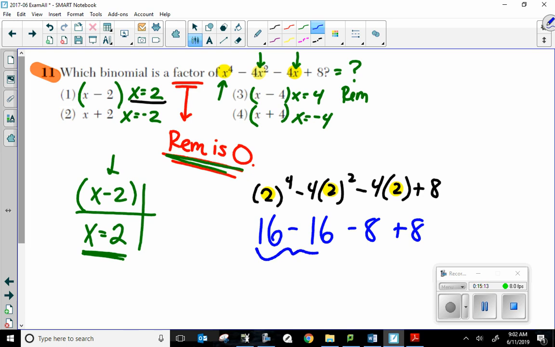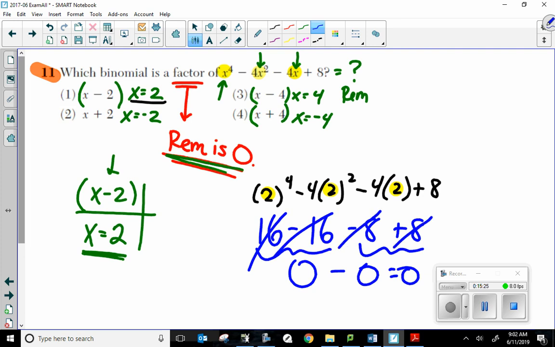Oh, beautiful. These combine to be 0, and these combine to be 0. Okay, that's 0. These cancel, and these cancel. 0. Awesome. So if it equals 0, that's my remainder. Okay? If the remainder is 0, it's a factor.